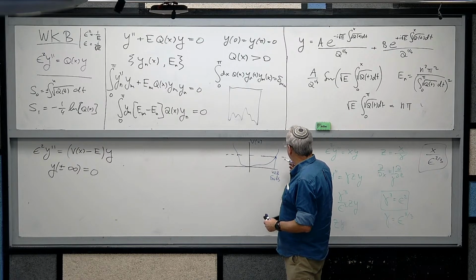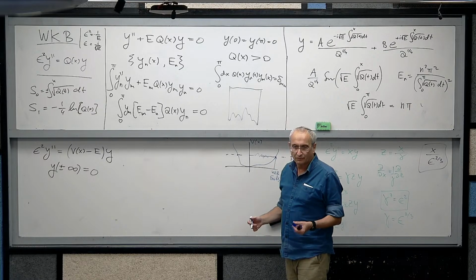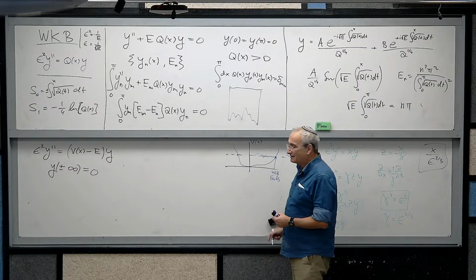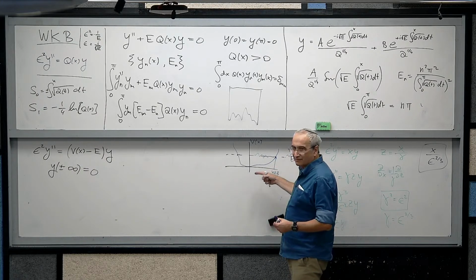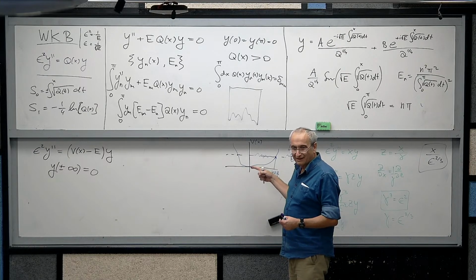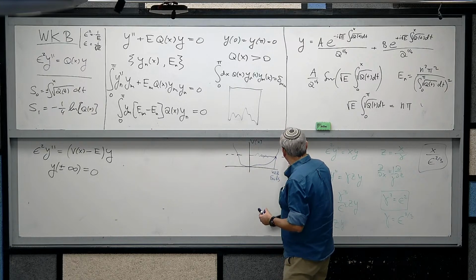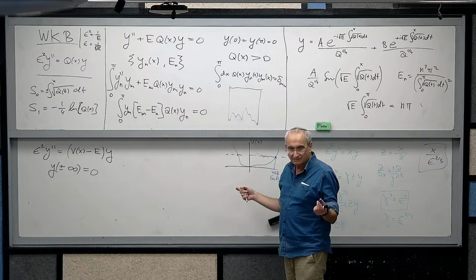And we cannot make any connection between the expression here, where we can use WKB, and here, where we can also use WKB. If we want to know the constants of integration in order to solve the boundary value problem, we do not have a way to do this.